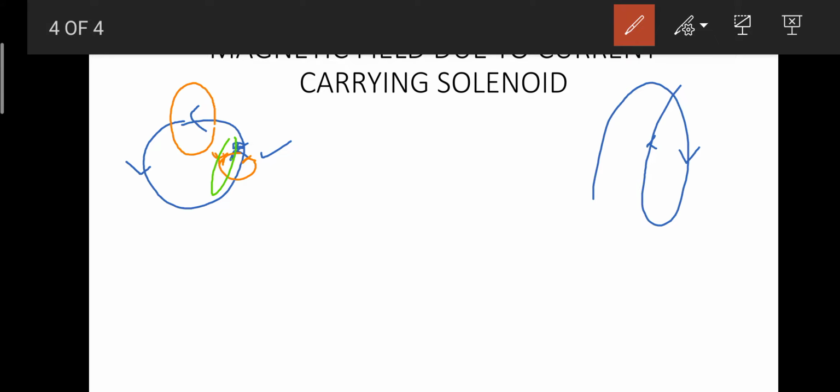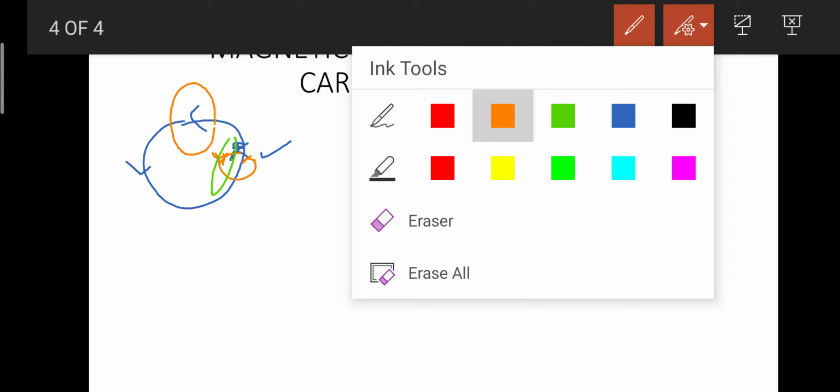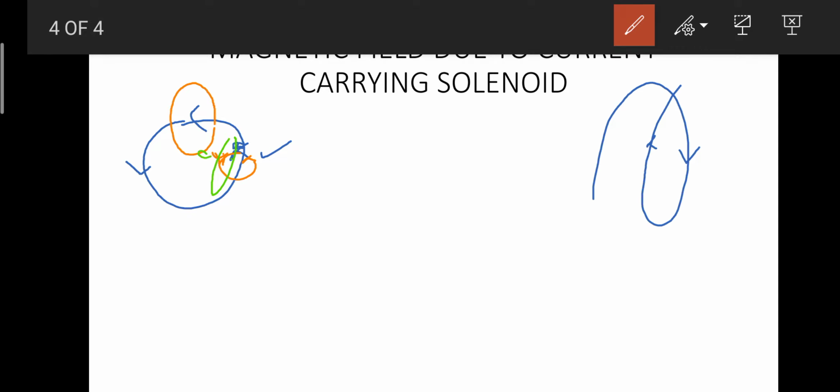Again, if you use your right hand for this purpose, the direction of magnetic field inside the loop, at this particular point, in this region, would definitely be out, that is towards you, out of the page or out of the screen.